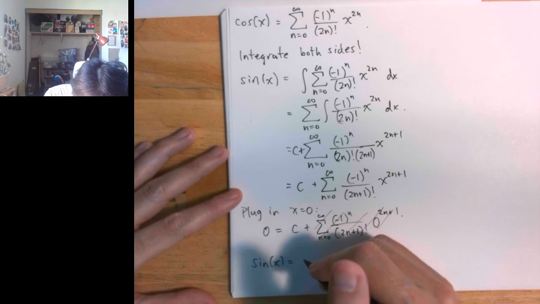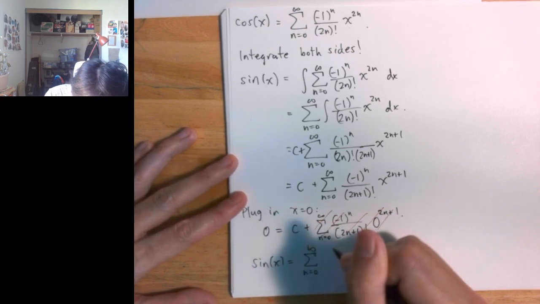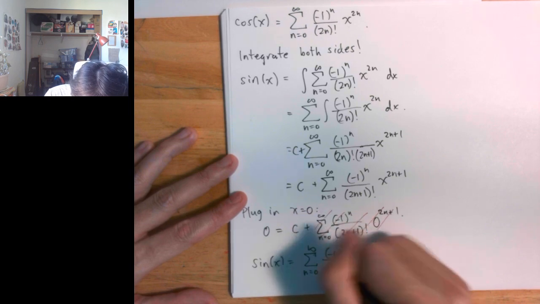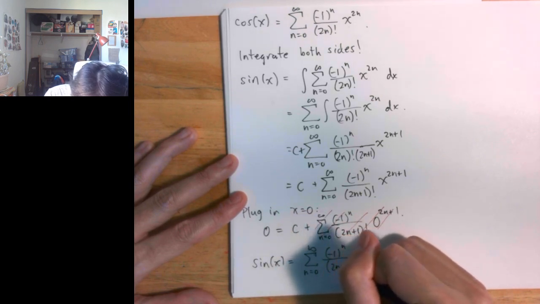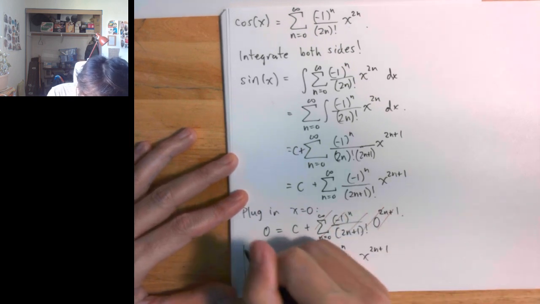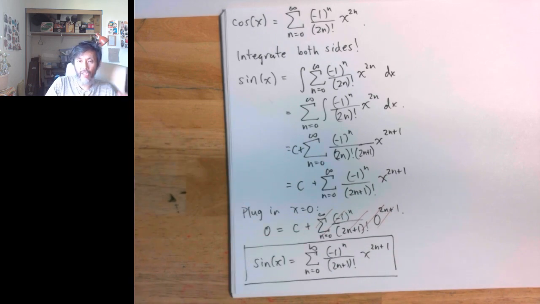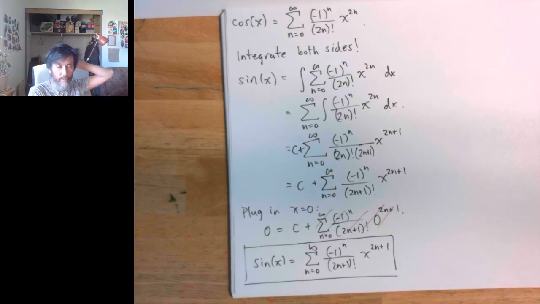So this is equal to the sum from n equals 0 to infinity of negative 1 to the nth power over 2n plus 1 factorial times x to the 2n plus 1 power. A new fact. Lovely.